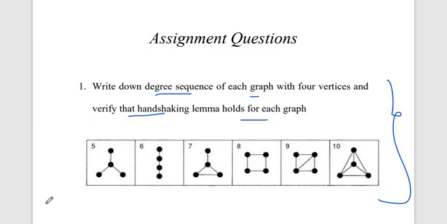So you have to calculate the degree sequence for this graph and all 6 graphs, and also calculate the sum of all the degrees of vertices, which is an even number. Then you can say that the handshaking lemma is true. Okay, so now your today's lecture is completed.